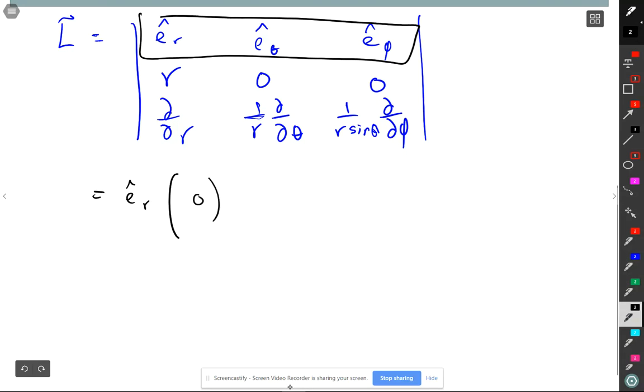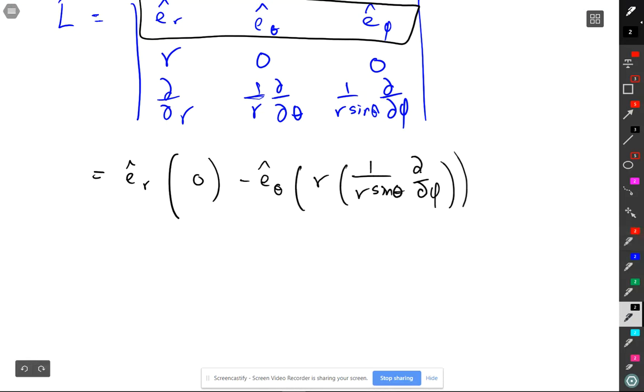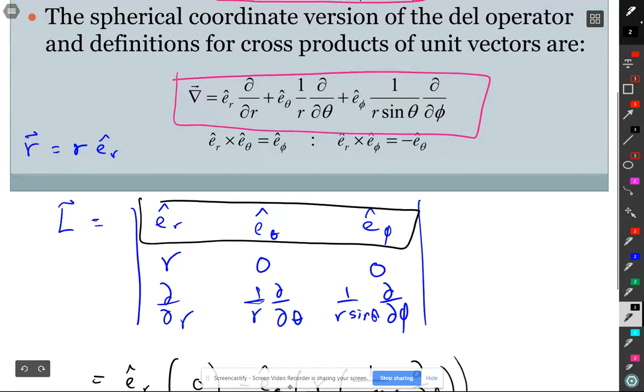And then we have to flip signs. So in the theta direction, we have this. And then finally in the phi direction, and okay.